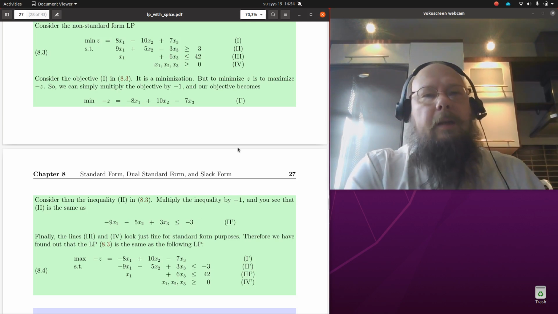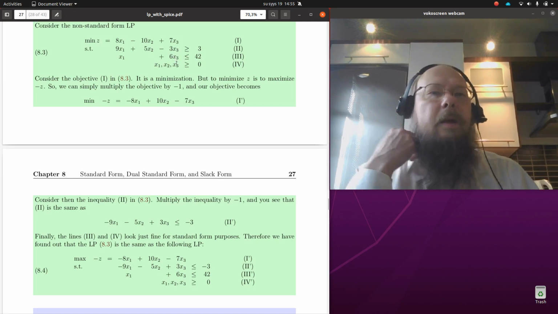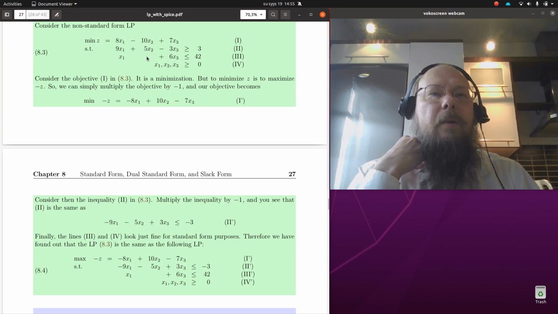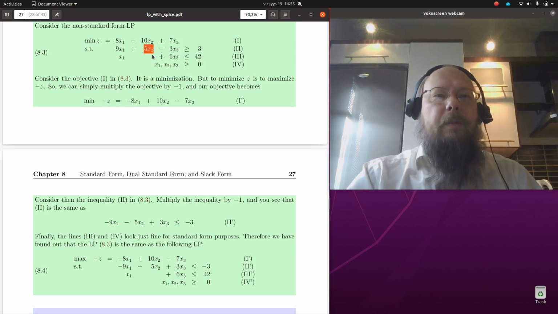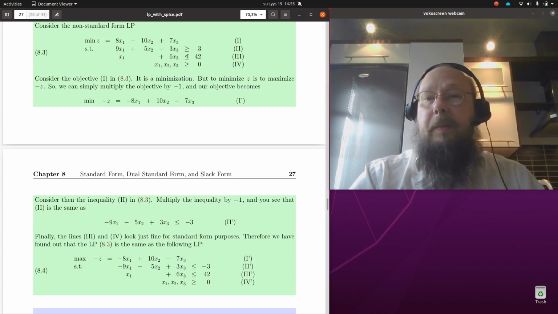Okay, let's look at the following lines. Then there is constraint 3, x1 plus 6x3. So x2 is not present there, or it has a 0 coefficient, the same thing. And this should be less than or equal to 42, which is an upper bound as it should be.